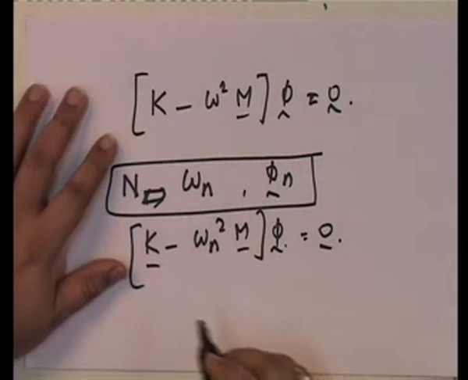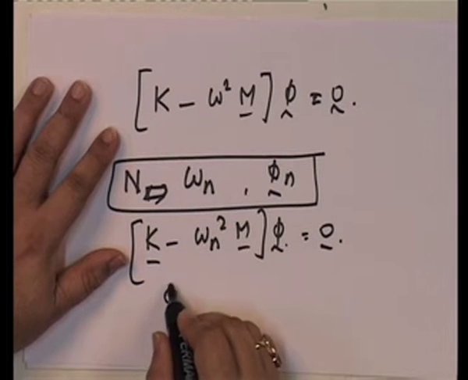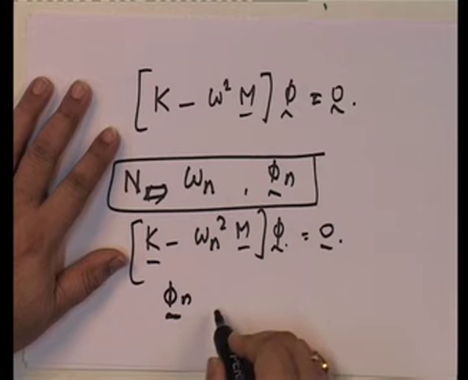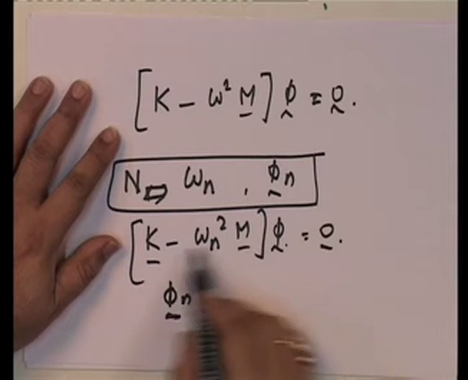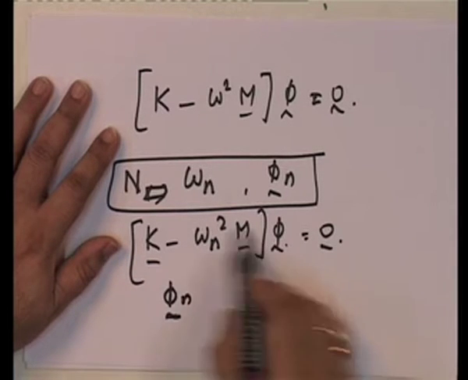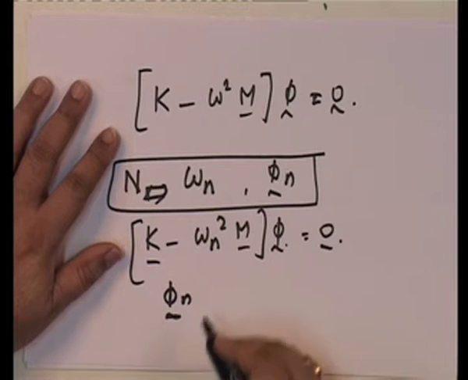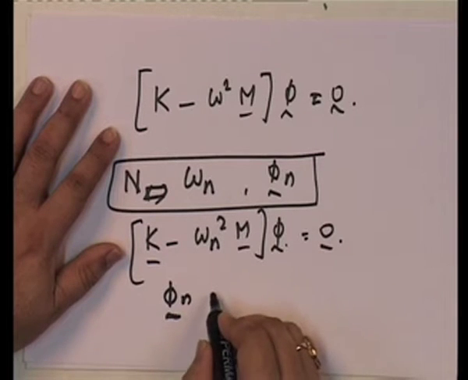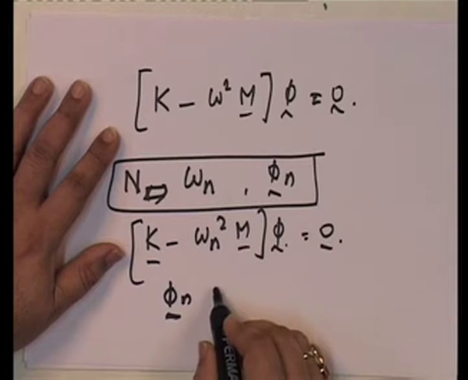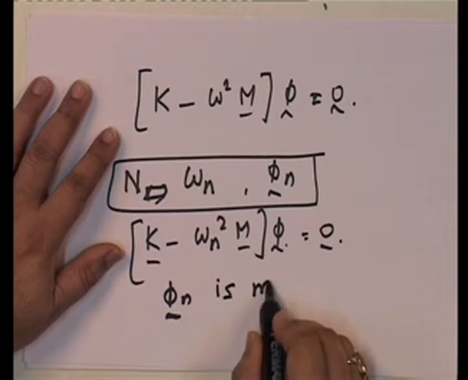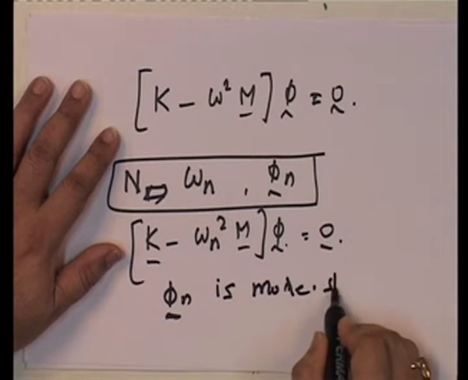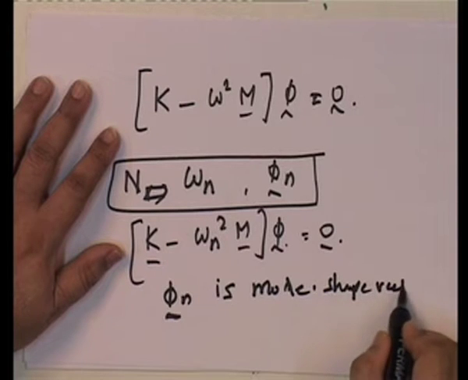Note that it is always true that, because the determinant is equal to 0, it becomes one less rank. So, phi n is not a displacement vector, it is a mode shape vector. Why?